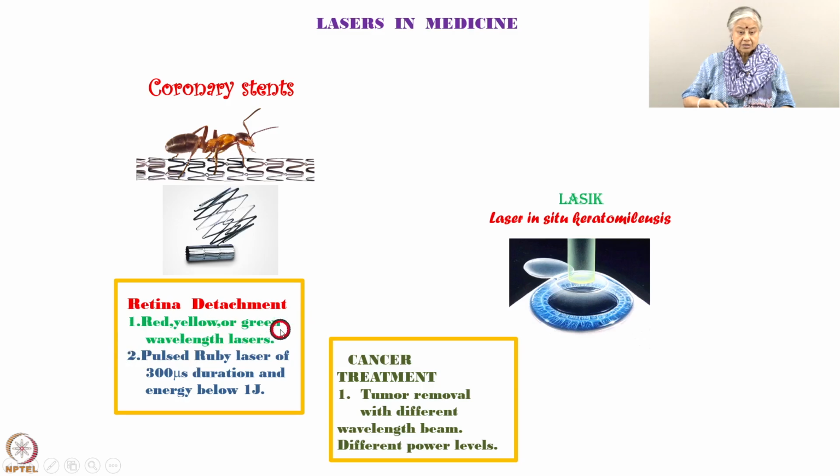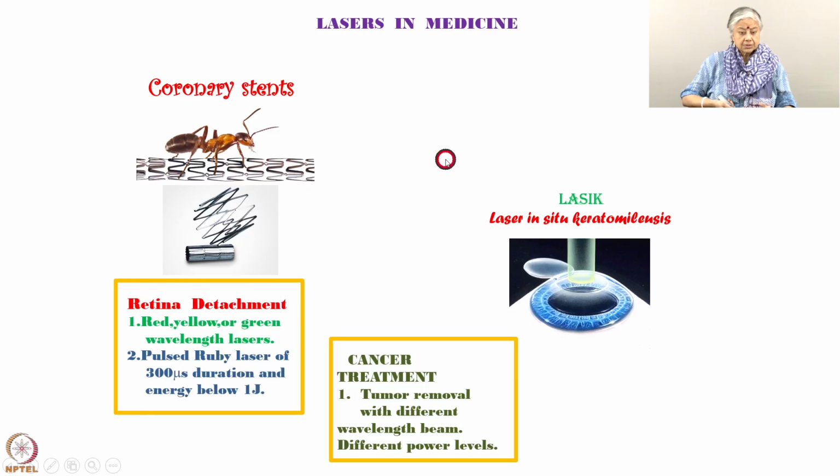These are the ones which are generally used, partly because the lens is transparent to these wavelengths, and then the lens acts as a focusing device to focus on the part which is detached and has to be welded back onto the other tissue. And a pulsed ruby laser has also been used, with a pulse duration of around 300 microseconds, and energy below 1 joule is good enough for this kind of operation.